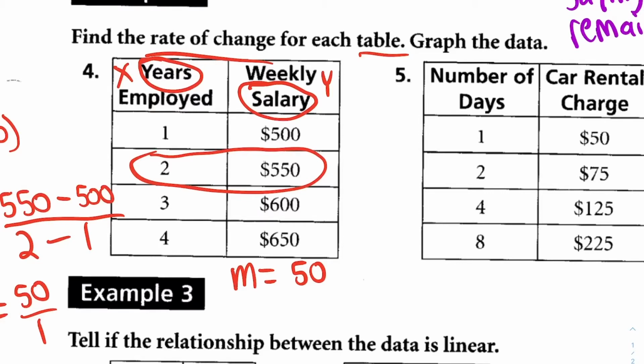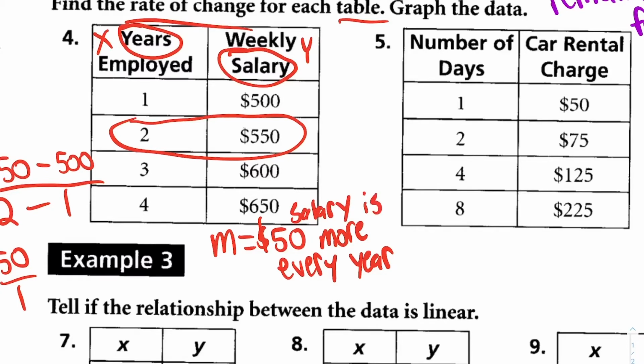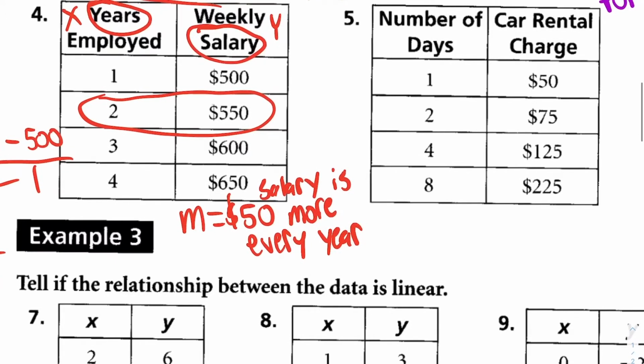And what we saw was we get $50 more every year for the salary. $50 more every year does make sense, but by adding that it's specifically the salary, it just goes the extra step and makes it extra clear.